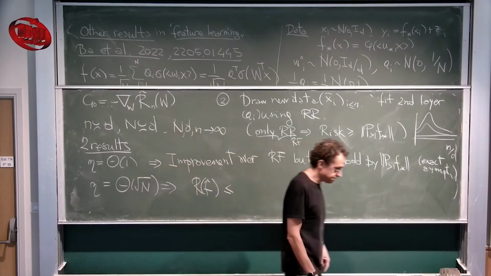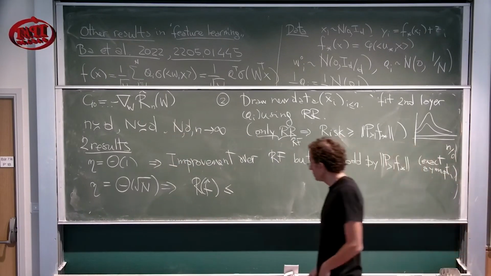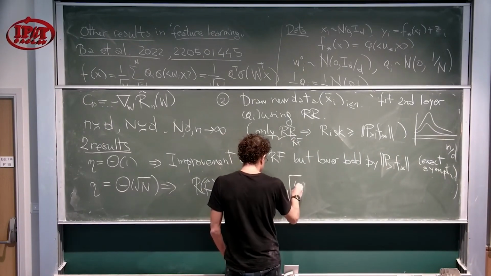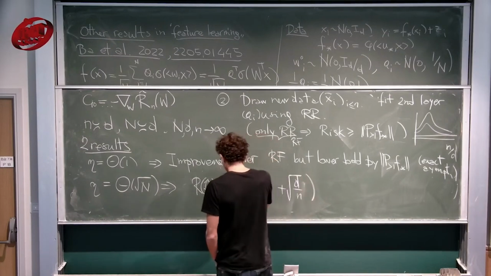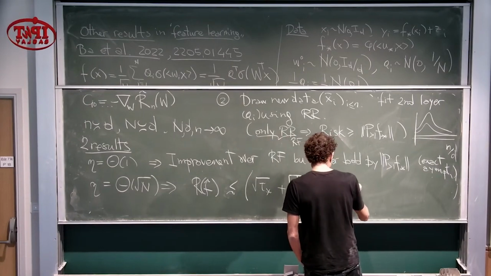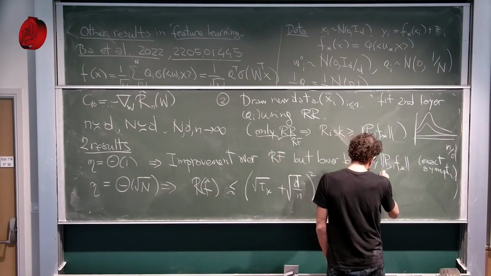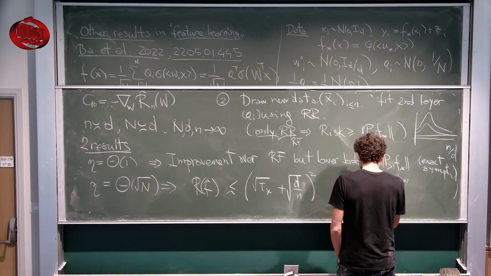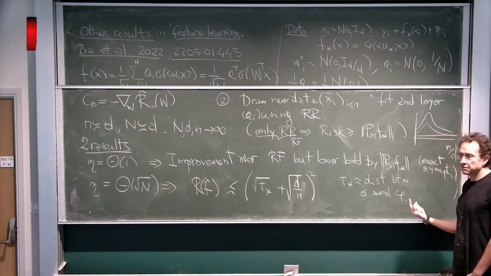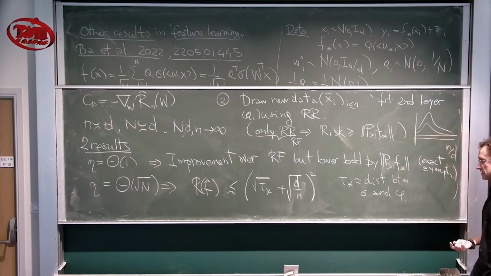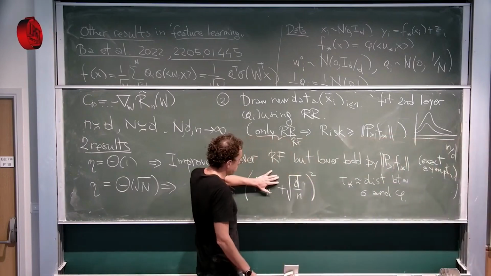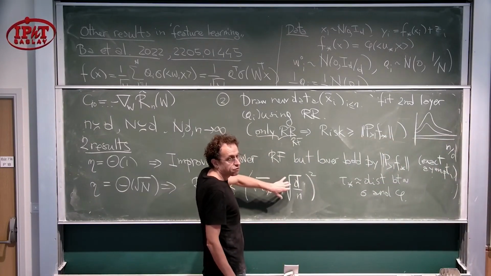The bound is of the form something like this, where here tau star is some distance between sigma and phi. If sigma and phi are the same, tau star is 0, so let's neglect tau star for the moment. This is a floor, but apart from this floor, the error is going down to 0.